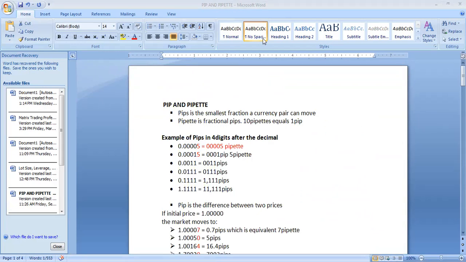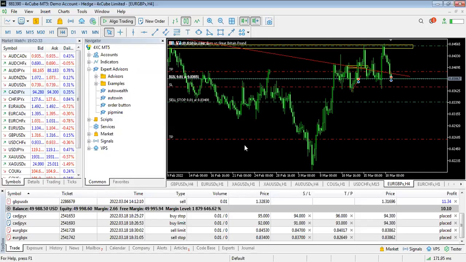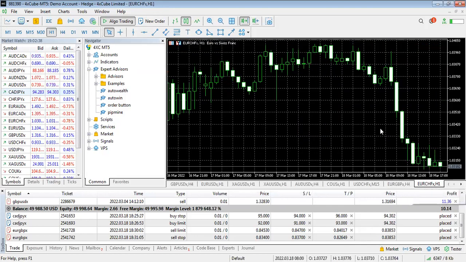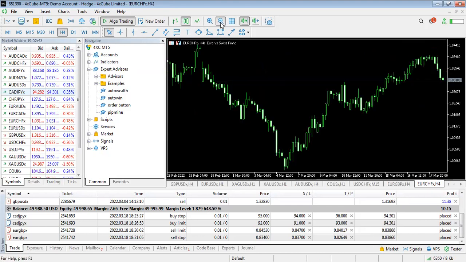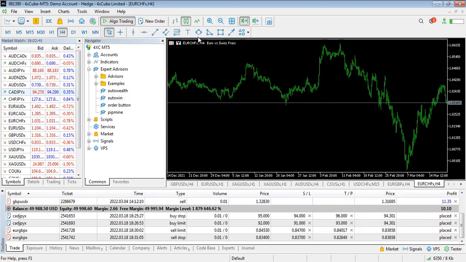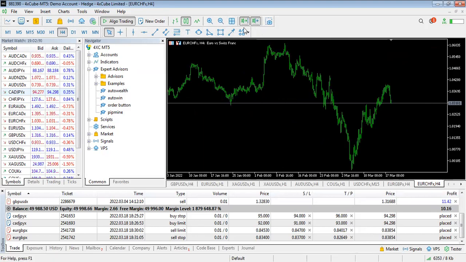In a minute. Okay. Wow. Love this trade.